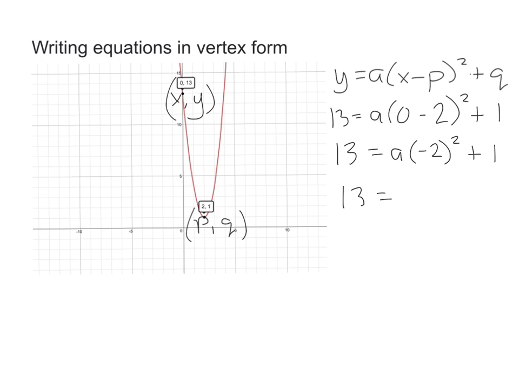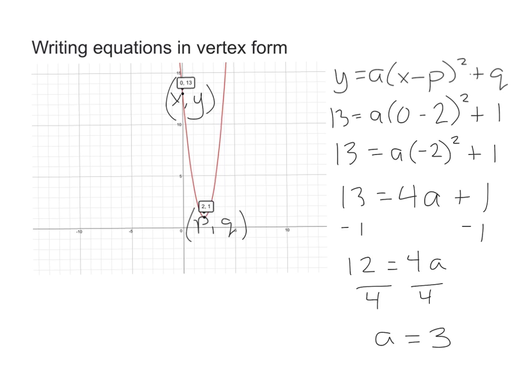So I'm going to do negative 2 squared, which is 4. And I just switched it around. Instead of a4, I said 4a because we usually put the coefficient in the front. Now this is a linear equation and I need to solve for a. So I'll subtract 1 from both sides. 12 equals 4a. And a is 3 because I divide by 4, right? a is equal to 3.